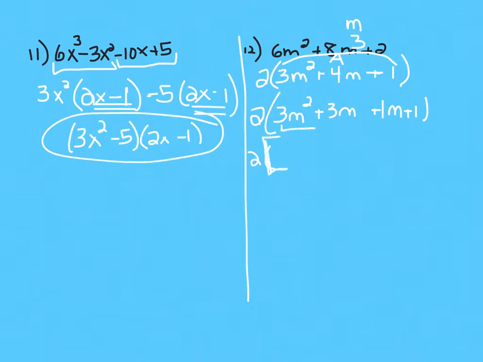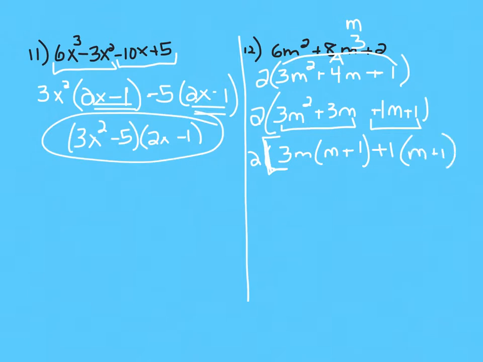All right, so now let's group together the first 2 terms where I could pull out, let's see, a 3m. And that's going to leave me with m plus, well, 3m divided by 3m is 1, so m plus 1. Now out of the second pair of terms, the only thing I can factor out of there is a positive 1, which also leaves me with, in parentheses, m plus 1.